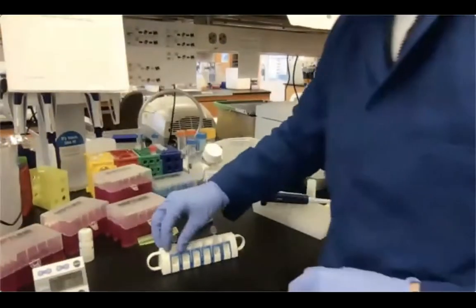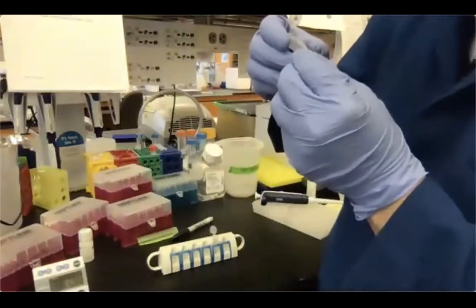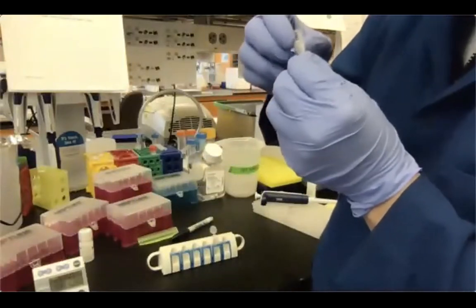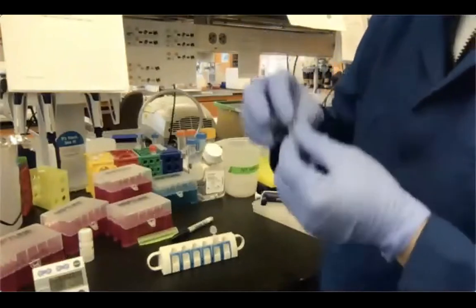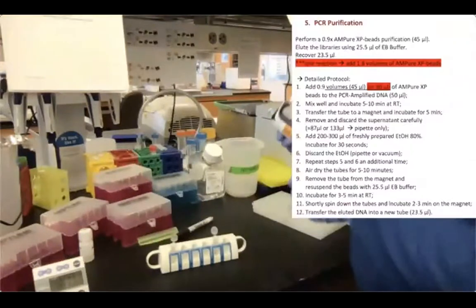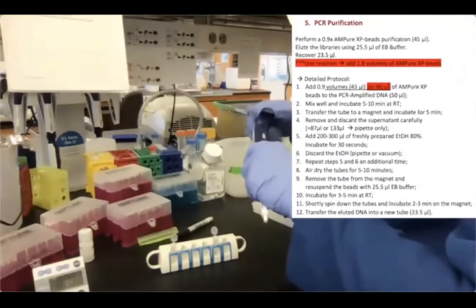All right, so let's check. Time is almost over. I'm seeing that sample A is ready. The first few cracks appear, so it's perfect timing to just add the 22 microliters of elution buffer.